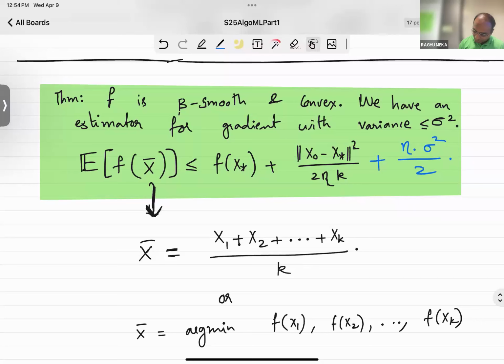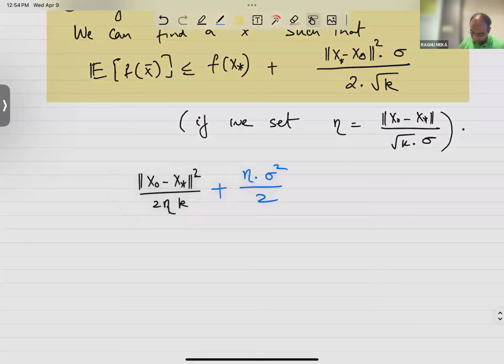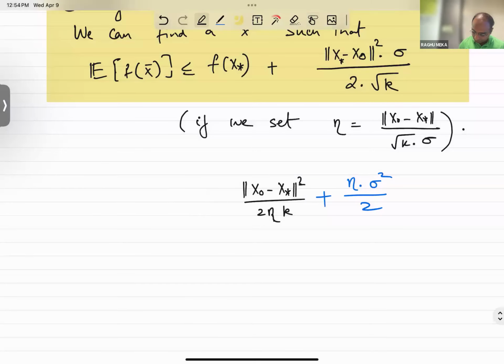And as I said, this is because this expression is minimized when I set eta to be this value. Of course, we don't know these things exactly, but there are various tricks to set eta appropriately, even though you don't know these values, and get this 1 over square root k.